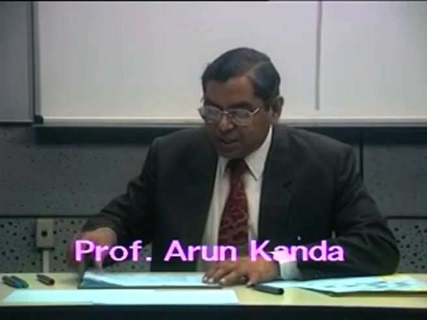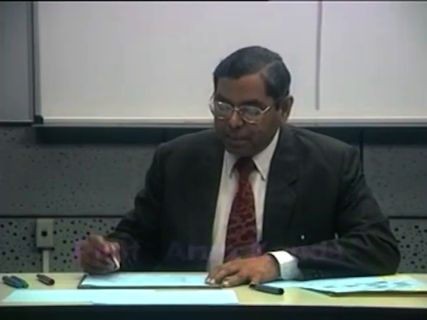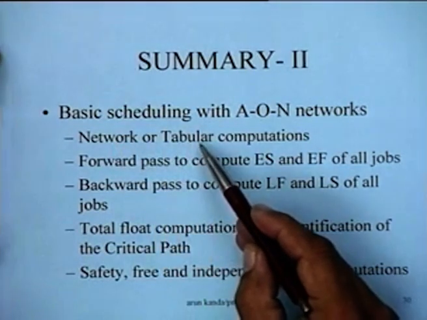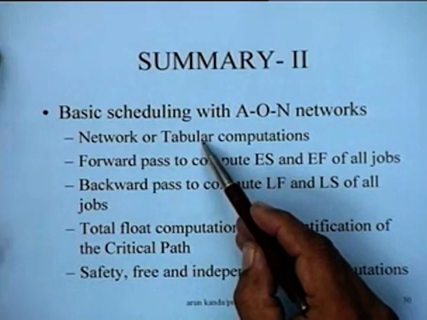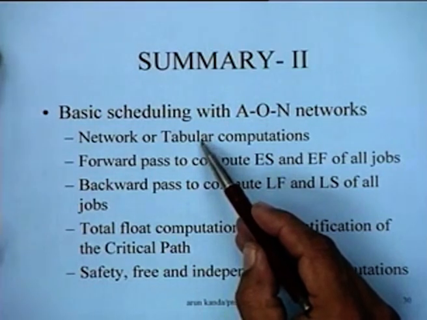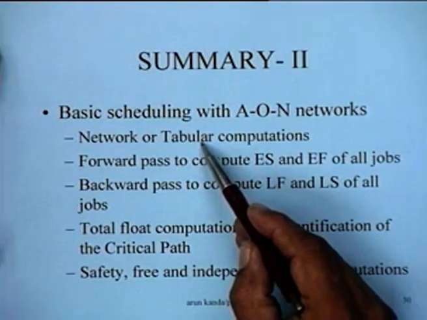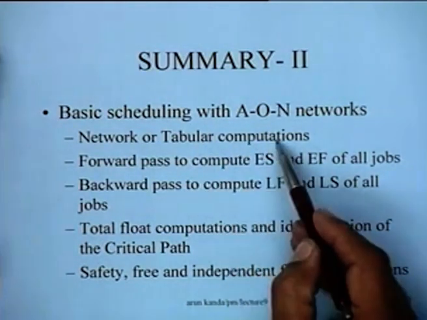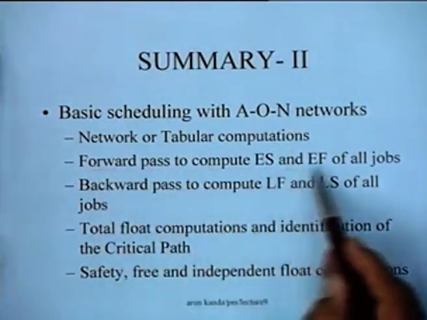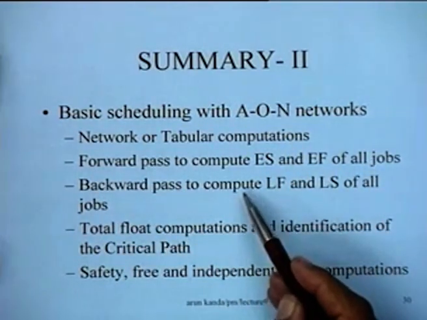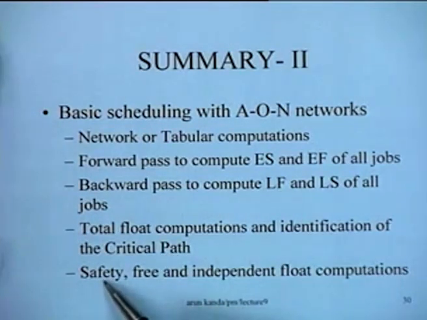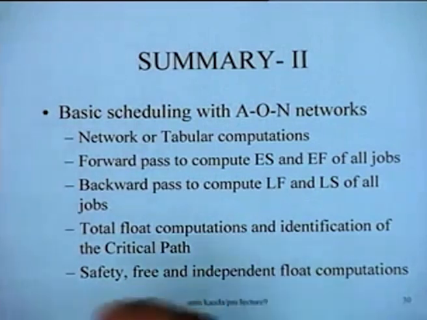Then we have done basic scheduling with AON networks. We can see that the computations can be performed on the network or equally comfortably in a table if you retain, for instance, in a forward pass the set of predecessors and the successors of the activity. Then you can calculate in a tabular form. We have seen how to do a forward pass, a backward pass, total float computations and the identification of the critical path, and the computations of the safety, free and independent floats directly from the whole situation.